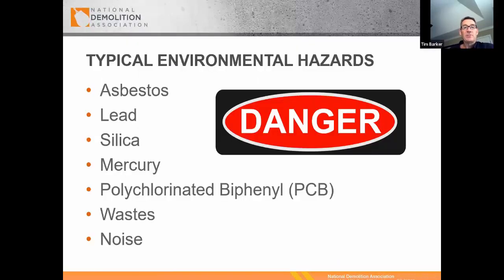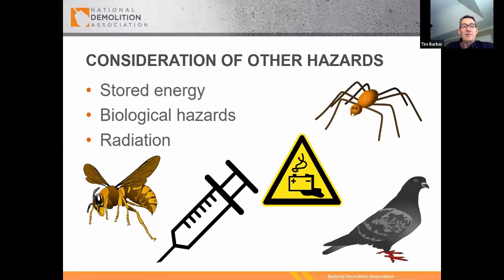Safety and environmental controls. We've talked a little bit already about asbestos and lead and PCBs, but there are also other hazards. Stored energy. Stored energy could be a gas in a line. Stored energy could be water. Stored energy could be an electrical capacitor for a UPS battery backup room where it actually stores power even after the power's been turned off.